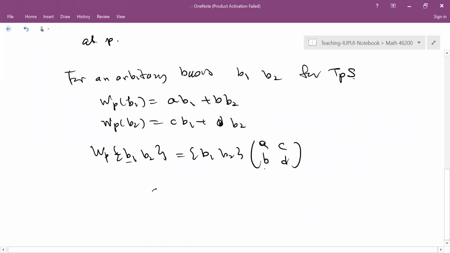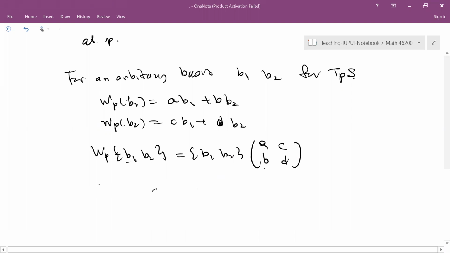This is just an arbitrary basis. So this is a matrix, and we know that the eigenvalues of a linear map are independent of the choice of basis.